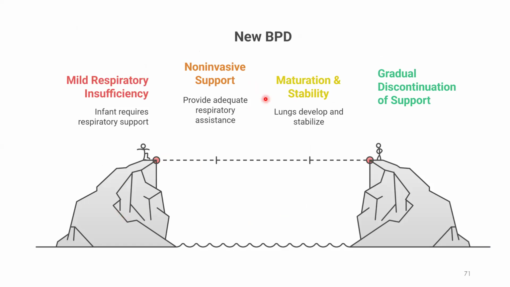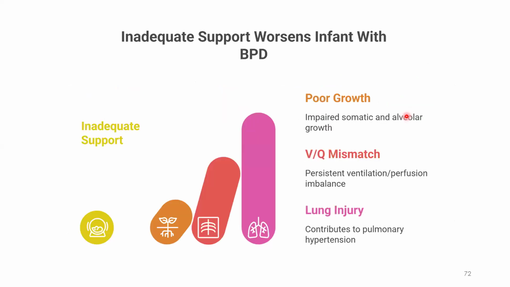If we provide adequate non-invasive respiratory support, either NIPPV or CPAP, with good nutrition, and if we also treat associated problems like infection or manage PDA, the baby will outgrow it with time. There will be lung maturation, and you can gradually discontinue the support. Management of new BPD is very simple.